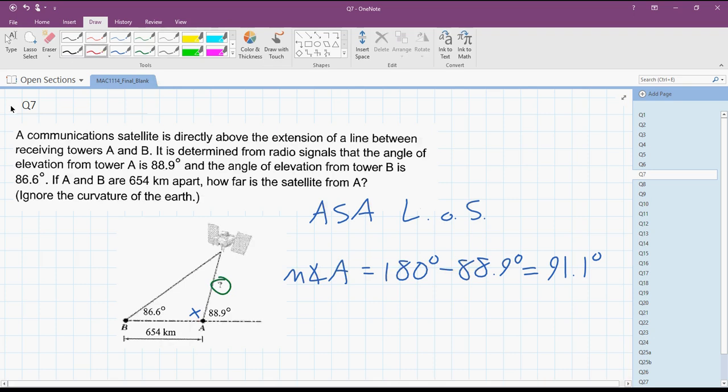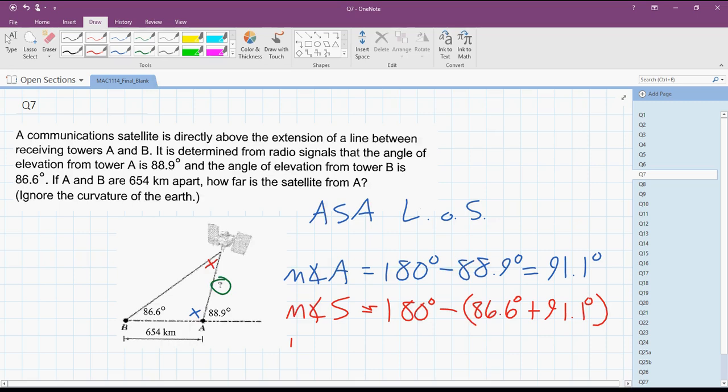All right. Now, we need that guy. We need to know what the satellite's angle is. How do I get that? What other two angles? There you go. Good. Yeah, the angles inside your triangle. So the measure of my, we'll just call it S for satellite, call it C, whatever you want, is 180 degrees minus 86.6 degrees plus 91.1 degrees.